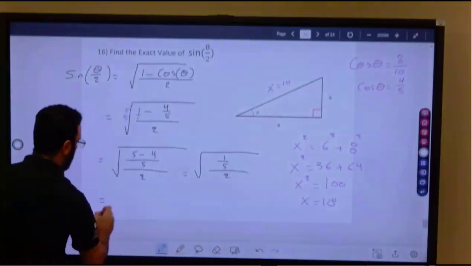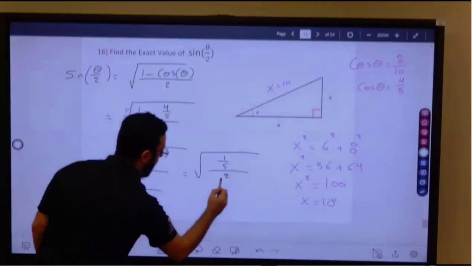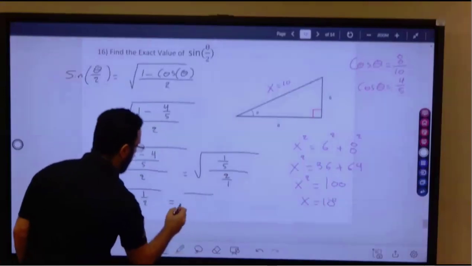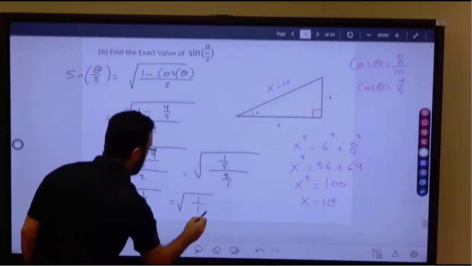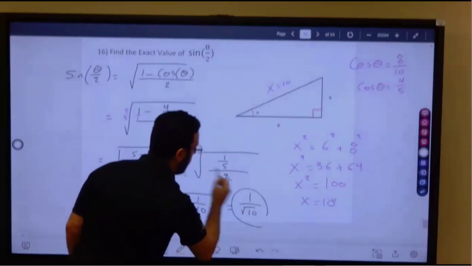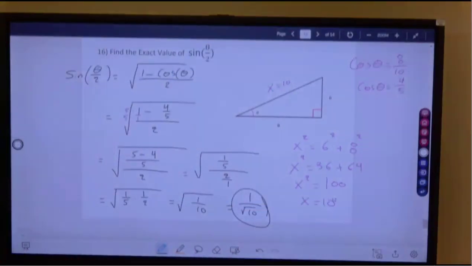I can write down 2 over 1, so it's going to be 1 over 5 times 1 over 2. It's going to be the square root of 1 over 10, which is equal to 1 over the square root of 10.